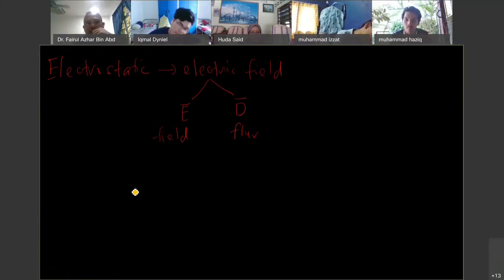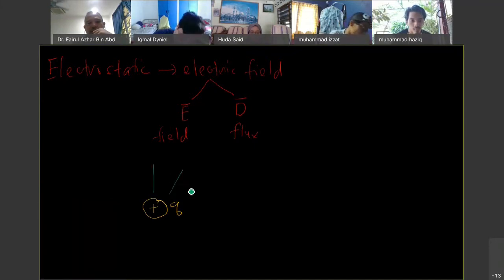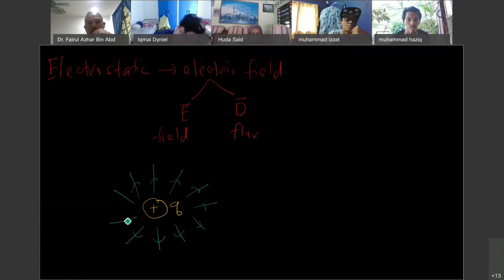Okay, so let's say we have a charge here, a positive charge for example, and basically this charge will produce a field. This is what you have learned before. If we have a positive charge, then the direction of the field will be going outward from our charge.